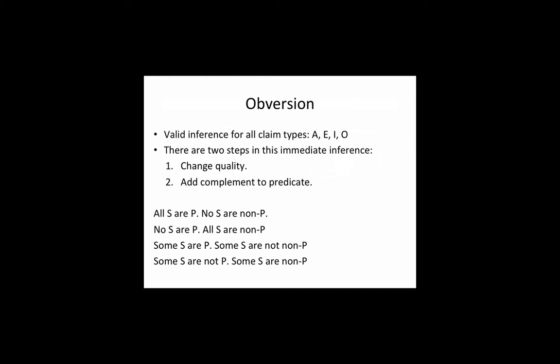So we get the following. The universal affirmative, all S are P, becomes no S are non-P. No S are P becomes all S are non-P. Some S are P becomes some S are not non-P. And some S are not P becomes some S are non-P.